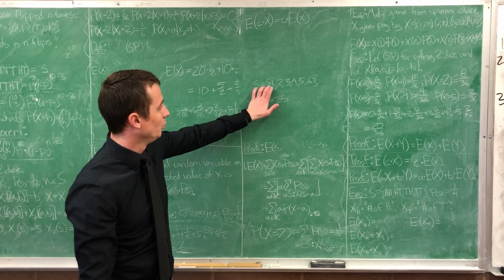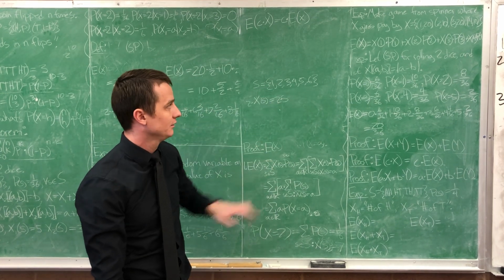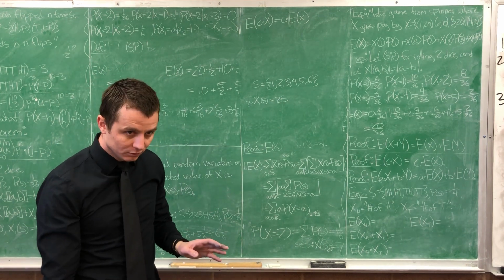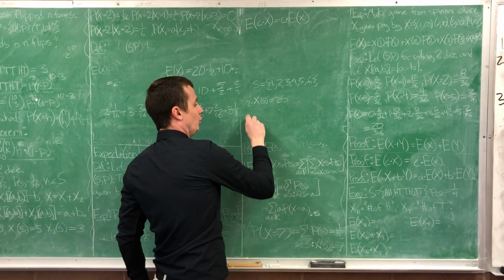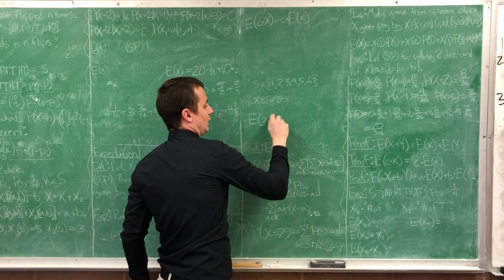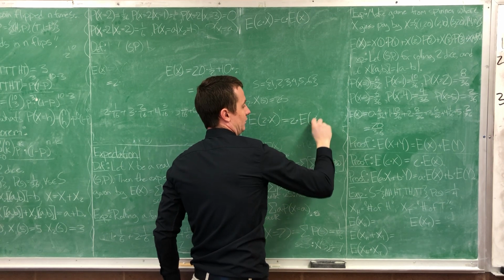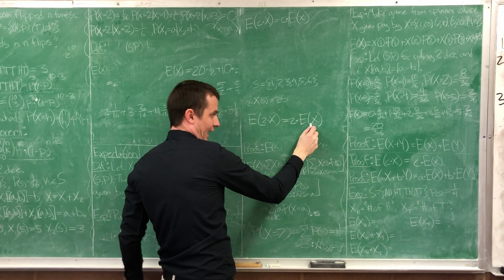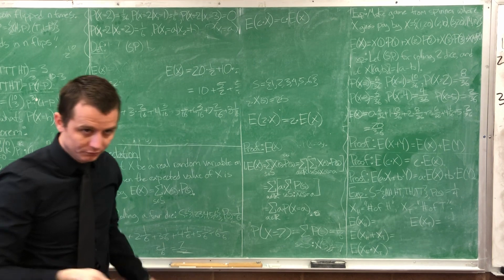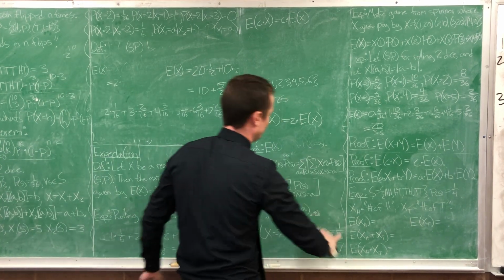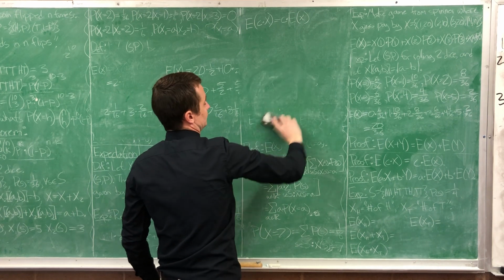In other words, if you roll 1, we count it as a 2. If you roll 3, we count it as a 6. If you roll a 6, we count it as a 12. Now what's the expected value? We're proving that the expected value of 2 times x is just equal to 2 times the expected value of x. We know the expected value of x is 7/2, so double it, it's going to be 7. That's what we're proving in general, rather than just a special case.